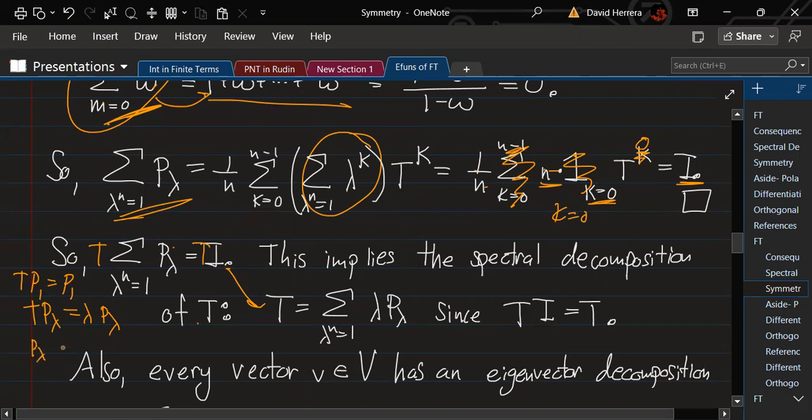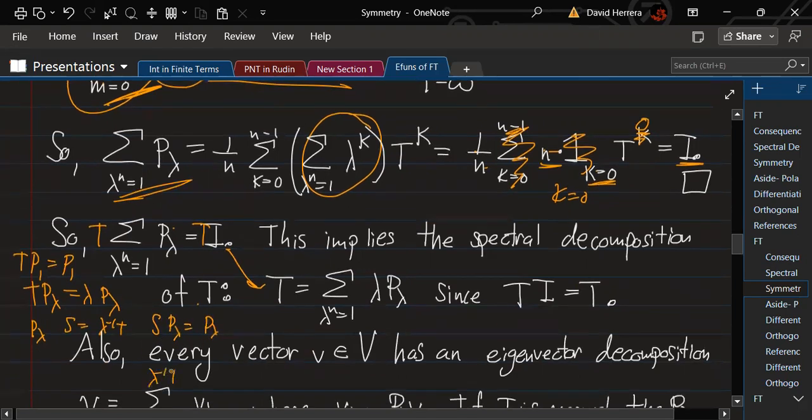And then P lambda was constructed for this operator S, which is lambda inverse T. And then S P lambda is P lambda, which means that lambda inverse T P lambda is P lambda. So T P lambda is P lambda times lambda. Also, it just follows from the fact that P lambda projects onto the eigenspace. Anyway, so T is the sum of lambda P lambda, because T times P lambda just gets a lambda here. So this is the spectral decomposition of T.